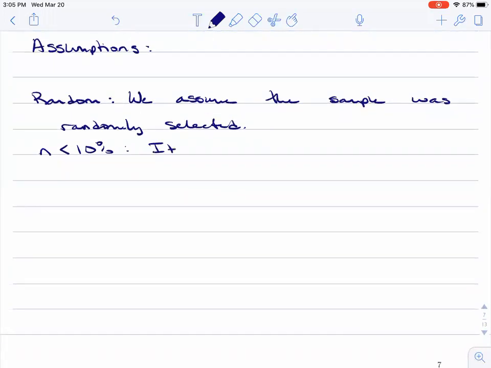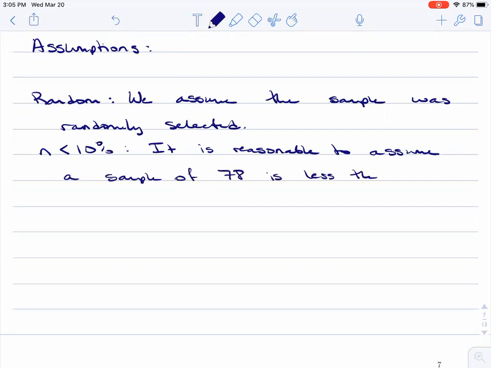I'll throw in my usual: it is reasonable to assume a sample of 78 is less than 10% of the population of stats students.